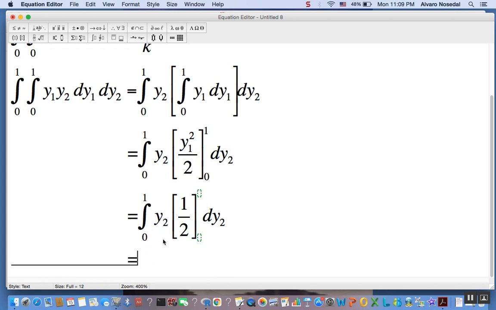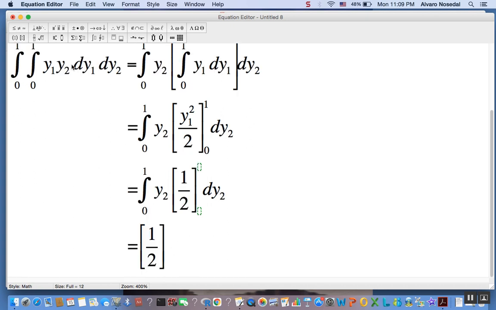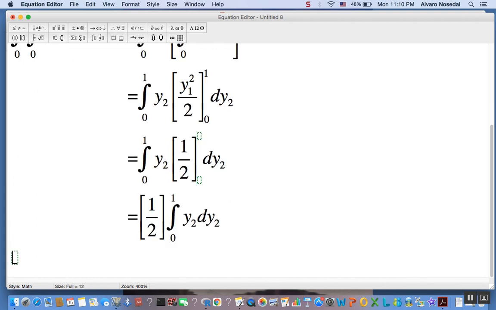So it's going to be just 1/2 times the integral from 0 to 1 of y2 with respect to y2, of course. That's again a nice integral.